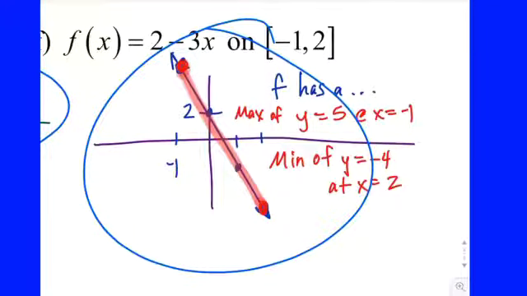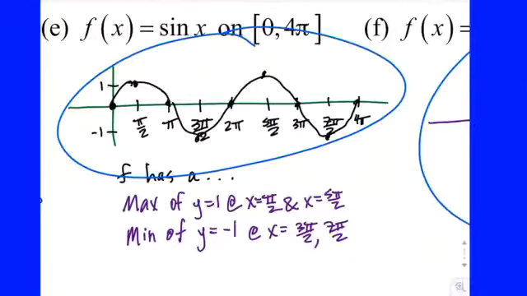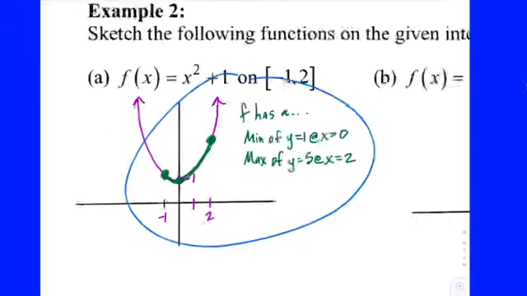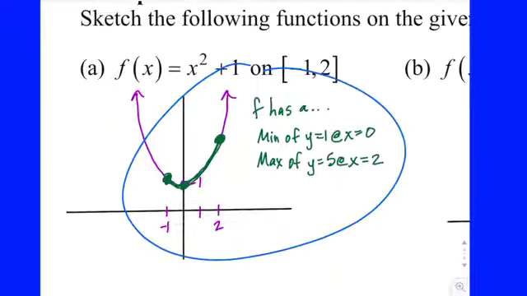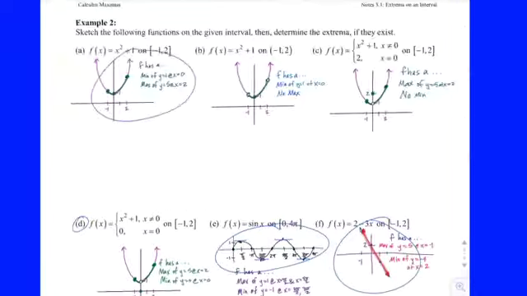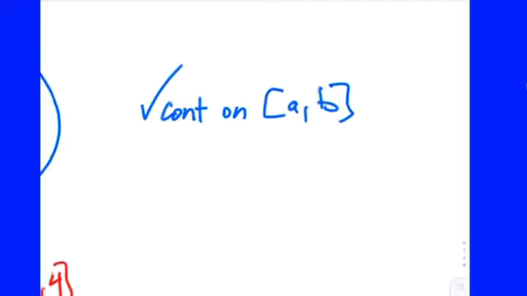This guy occurred at the endpoints, where the derivative is undefined. This guy occurred not at the endpoints, but on the interior. What's the value of the derivative at each and every one of those places? 0, horizontal tangent lines. And this guy over here, we already talked about. This one had one at an endpoint, where the derivative is 0, and one at a place where the derivative is 0.